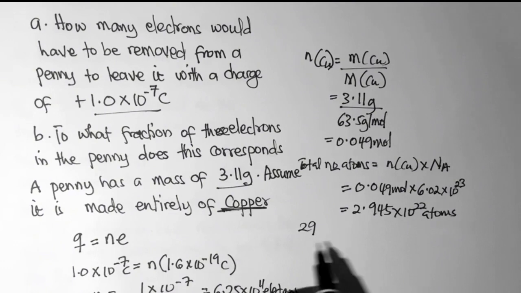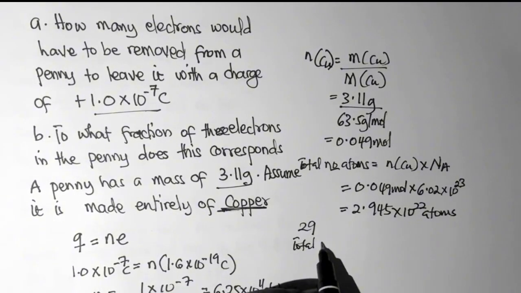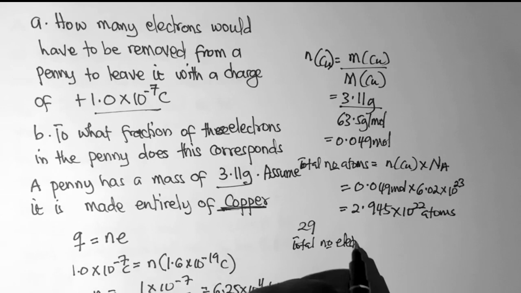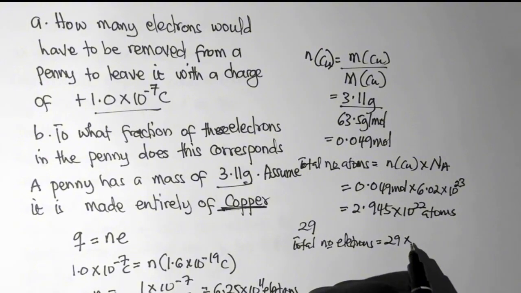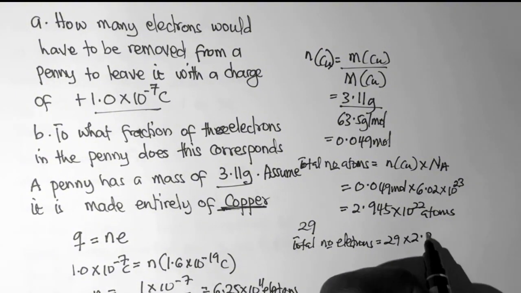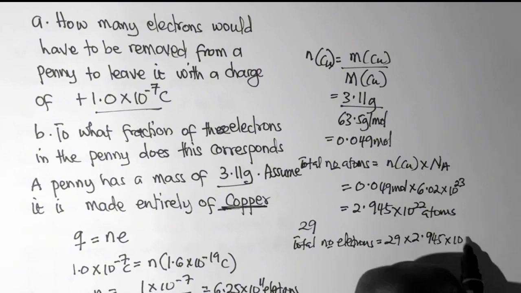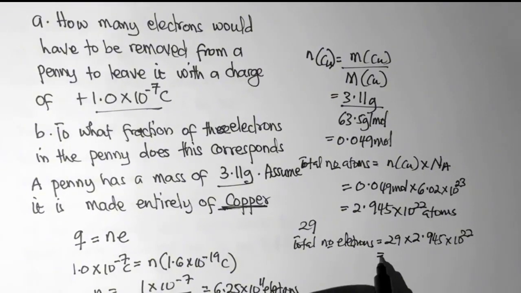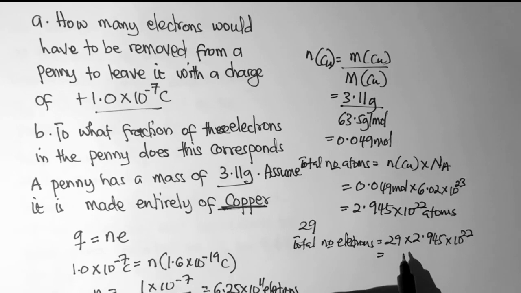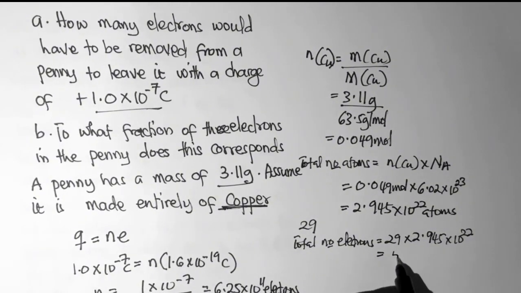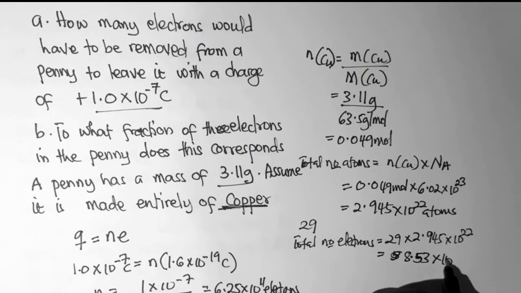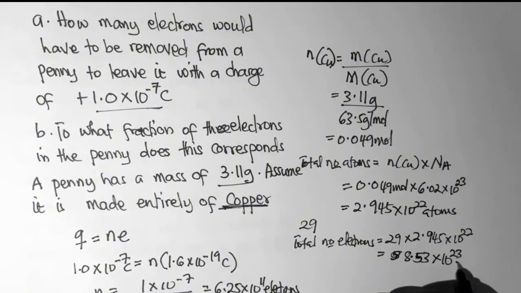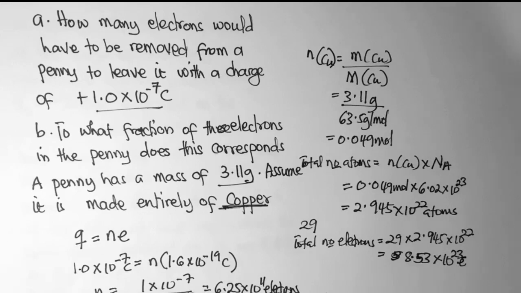So the total number of electrons is equal to 29 electrons per atom times the total, which is 2.945 times 10 exponent 22, and that will give us a total number of electrons of 8.54 times 10 exponent 23 electrons.